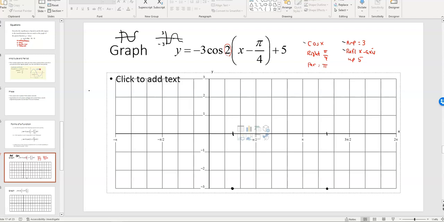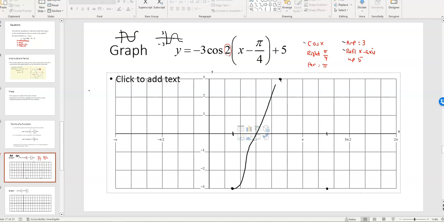What's going to happen in between? Well, the halfway mark of that is going to be the maximum, so it happens between pi over 2 and pi. Right, so halfway in between there, looks like around here, it hits its maximum. So this graph is going to come up. It's going to cross at pi over 2.